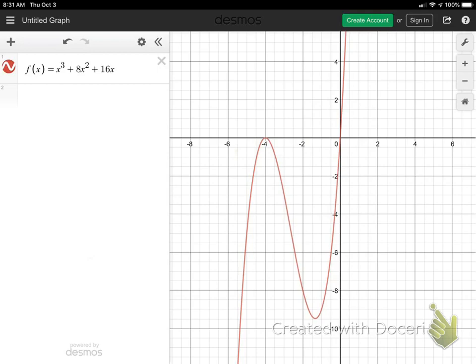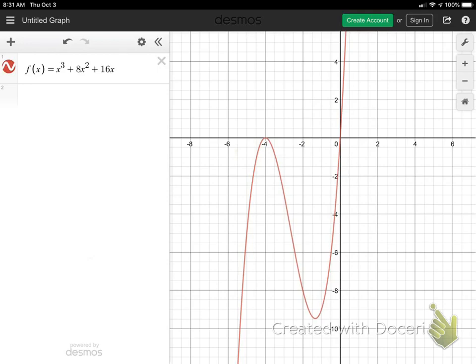I have a positive coefficient, so I start in the bottom left and I go up to the top right. What I want to do now is find out my solutions. The way that I find my solutions is by setting this equal to 0 and factoring. And you know how to do this. You've been doing this for years.